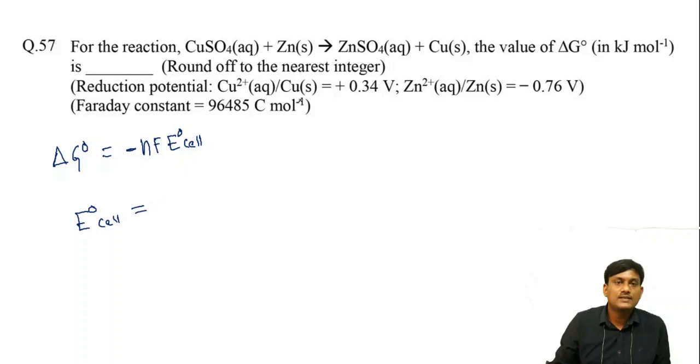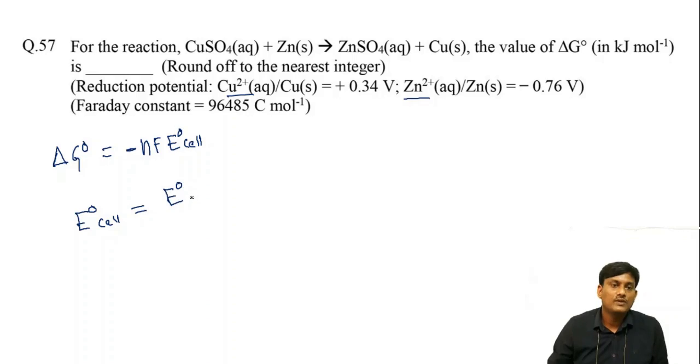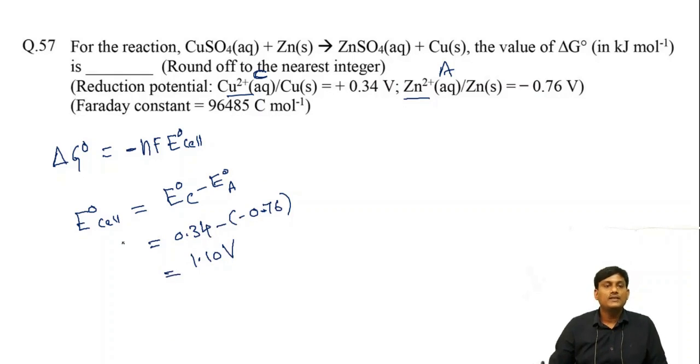The reduction potentials of cathode and anode are given. So simply E naught of cathode minus E naught of anode. Here this is the cathode and this is the anode. So it will be equal to 0.34 minus of minus 0.76. It will be equal to 1.10 volts. This is E naught cell.